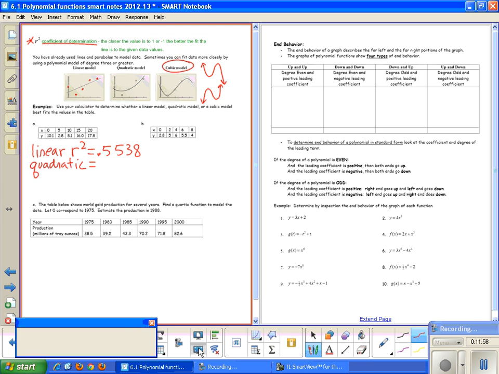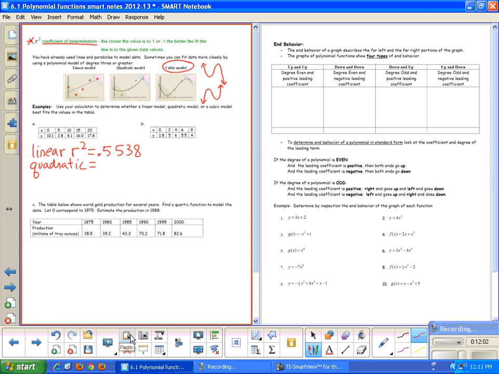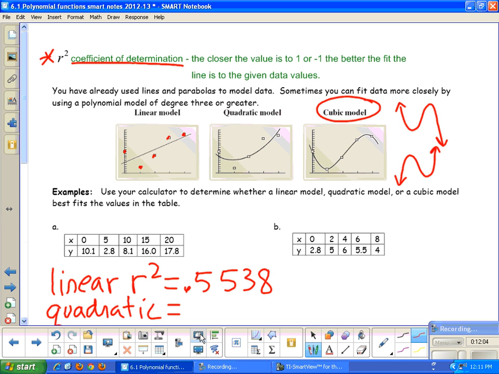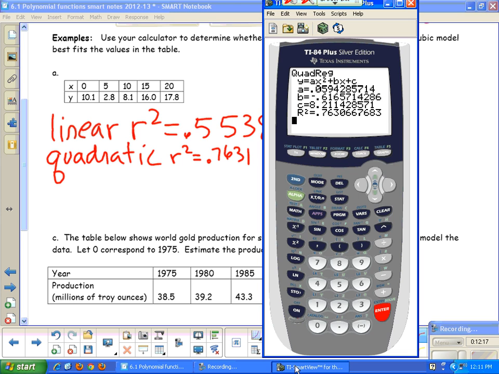I'll just make this bigger. So the quadratic r squared value is equal to 0.7631.